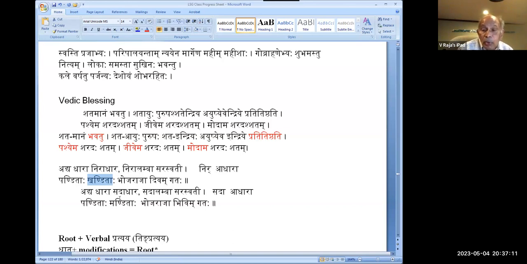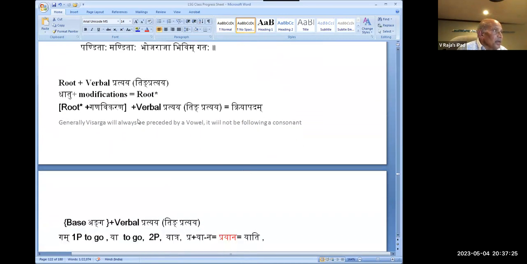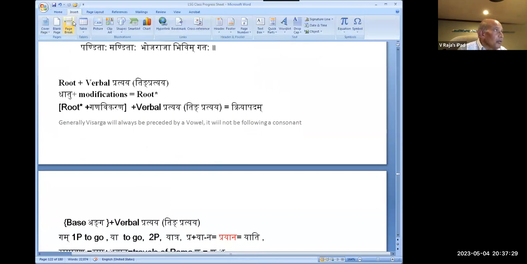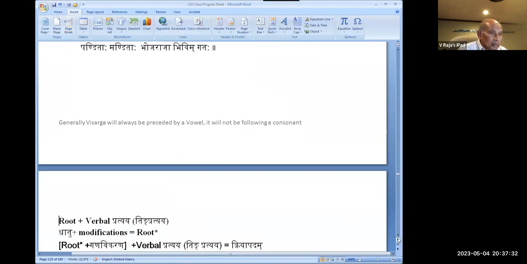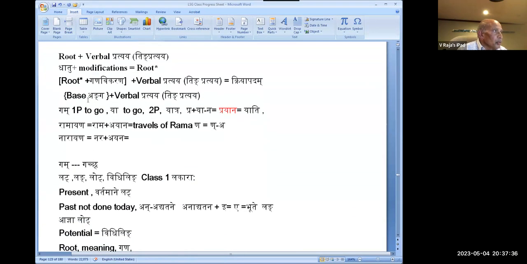Next week, I'm going to give you a couple of other slokas from Kalidasa. Now what we did last week: you take a root, add the Ganavikarana, and that's the base.